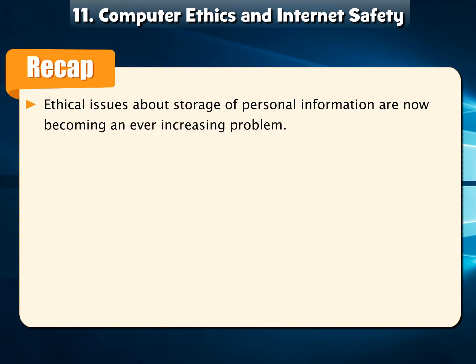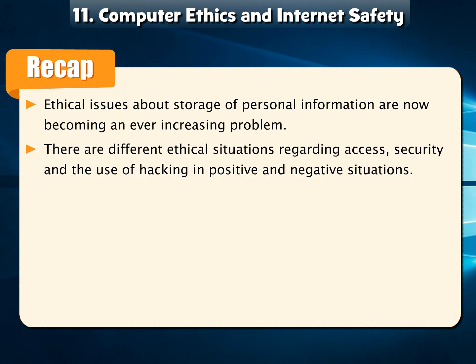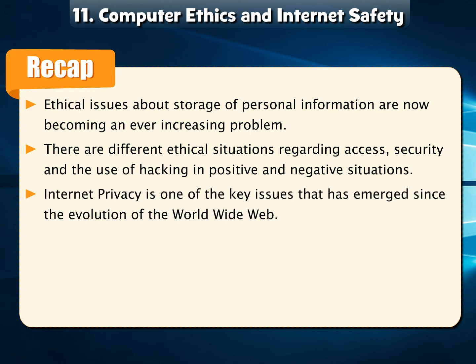Recap. Ethical issues about storage of personal information are now becoming an ever-increasing problem. There are different ethical situations regarding access, security, and the use of hacking in positive and negative situations. Internet privacy is one of the key issues that has emerged since the evolution of the World Wide Web.